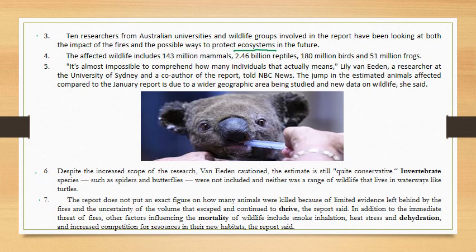The report does not put an exact figure on how many animals were killed because of limited evidence left behind by the fires and the uncertainty of the volume that escaped and continued to thrive.